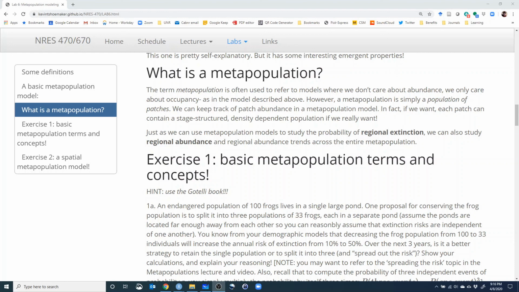Just as we can use metapopulation models to study the probability of regional extinction, and we can use classical models to do that, we can also, if we want, study the regional abundance. Regional abundance just means the sum of the abundance across all patches in the metapopulation, the regional or global abundance. And we can study the trends in regional abundance across the entire metapopulation.